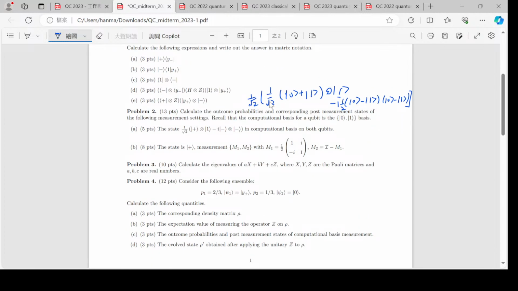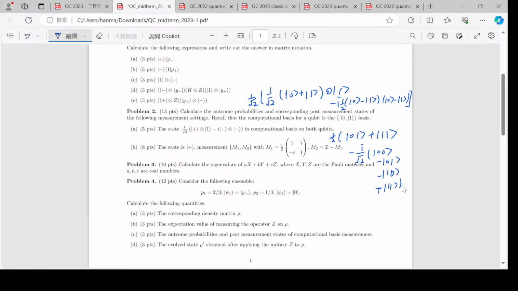Let's say we take out 1 over square root 2 on both sides. So we have 1 over 2 of (01 plus 11), and then for the second one we have minus i over square root 2 of (00 minus 01 minus 10 plus 11).